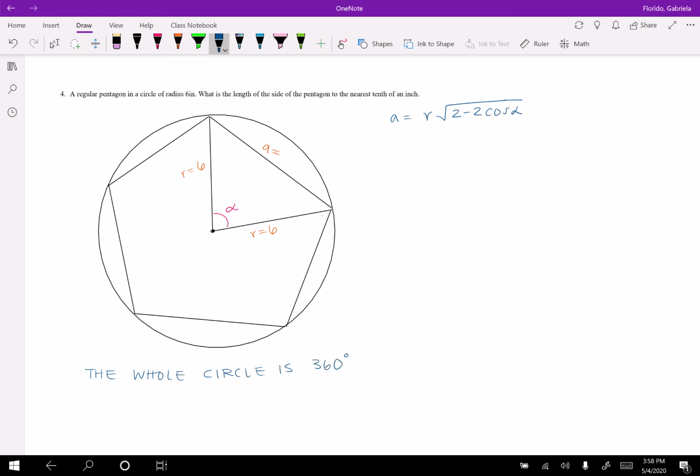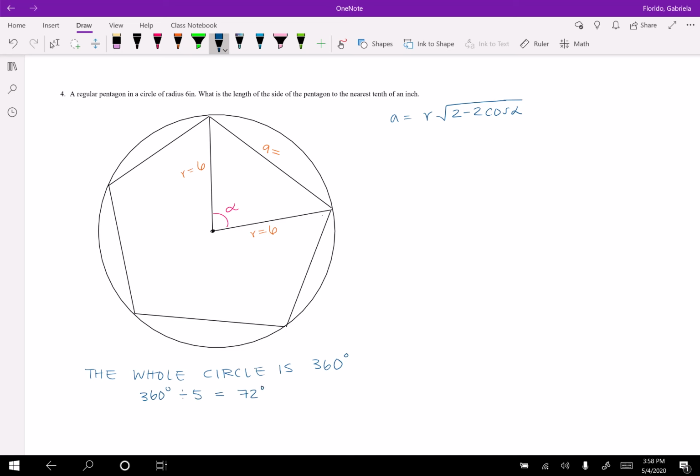But we broke it into 5 equal parts because of the pentagon. So alpha is one of the 5 equal parts. All we have to do is 360 degrees divided by 5, and that gives us that alpha is 72 degrees.